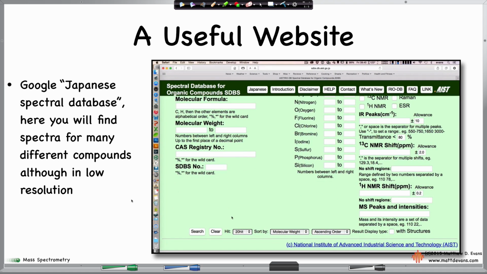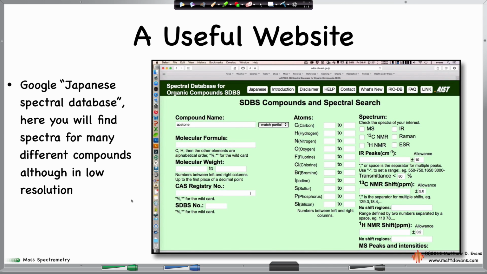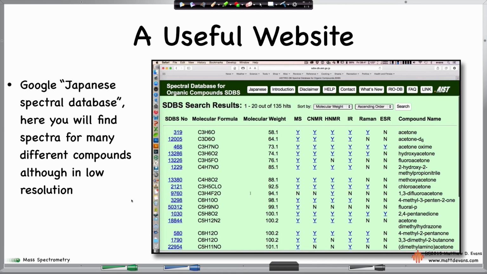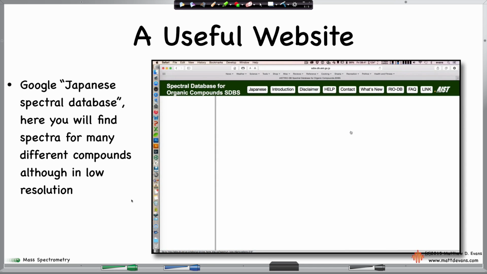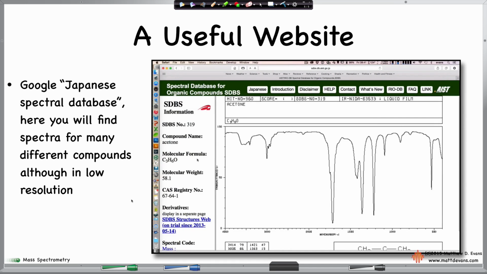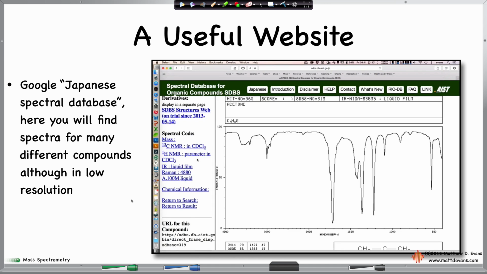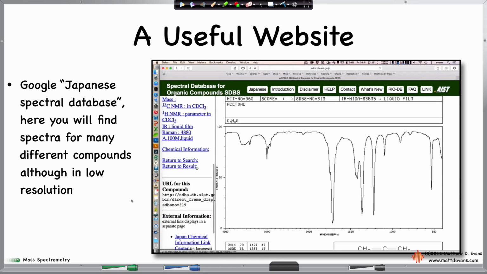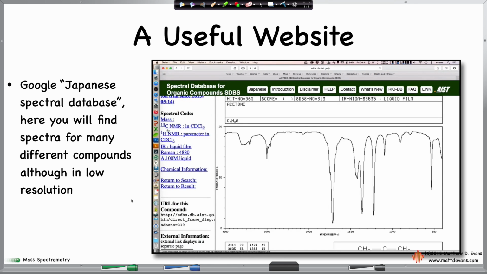The CAS registry number is a number that every compound has. And if it finds your compound, it's going to come up with all molecules that fit that name. We're just looking for acetone in this case. We want to look at the infrared spectrum. Infrared, we're going to get to eventually. You can bring up the mass spectrum. I'm not sure if I'm going to do that in this video, but let's see if I do.